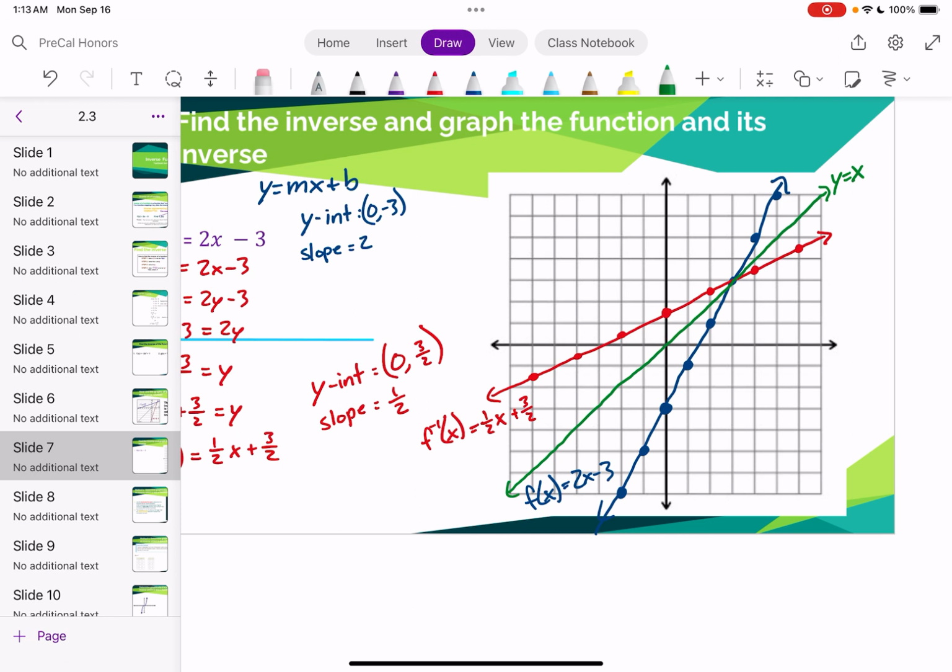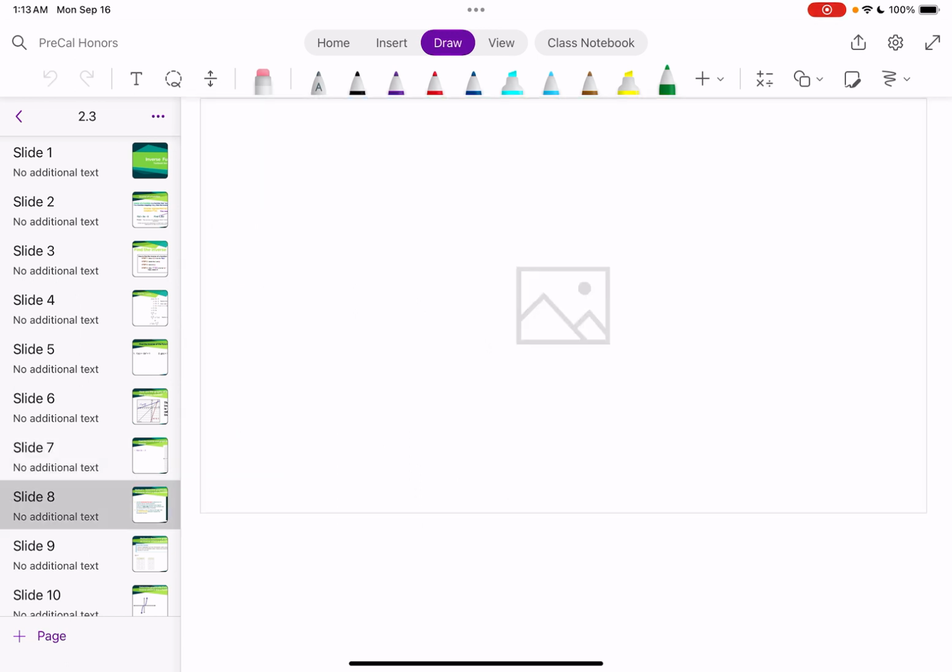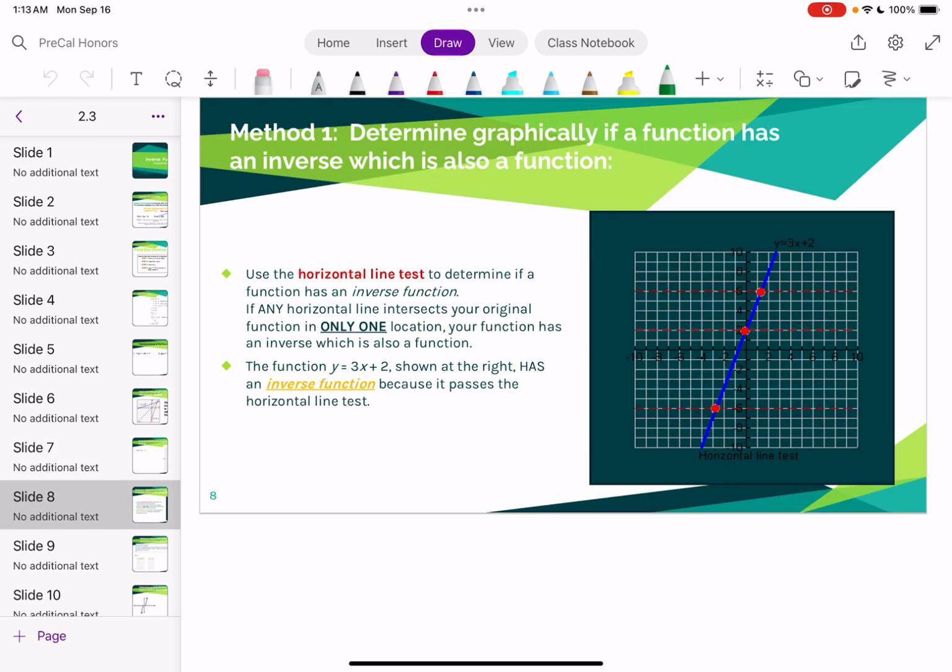Let's go ahead and take a look at slide 8. So much as determining a regular function and whether it is a function or not, there is also the ability to determine whether the inverse is a function. In order to determine whether the inverse is a function, you are going to use a horizontal line test.